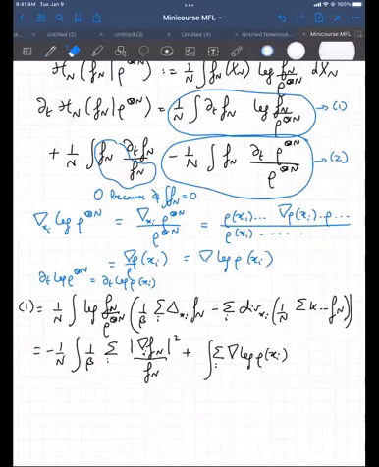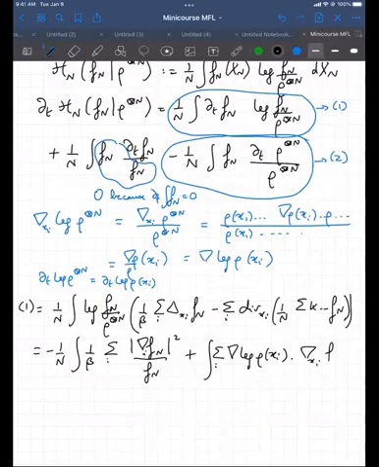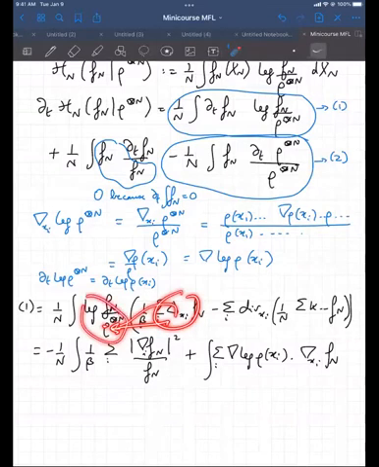I'm not wrong. And then what do I have? Sorry, it's a plus. Gradient xi fn. So this is for the term with the derivative hitting the log of rho tensor n times.